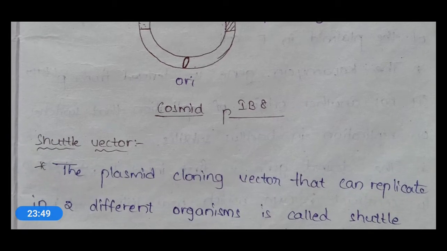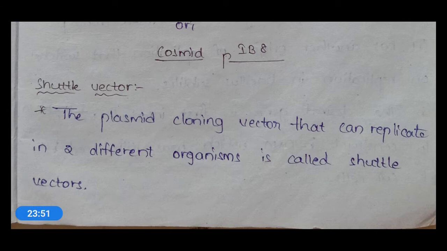Okay, now let's see about shuttle vectors. The plasmid cloning vectors that can replicate in two different organisms are called shuttle vectors.